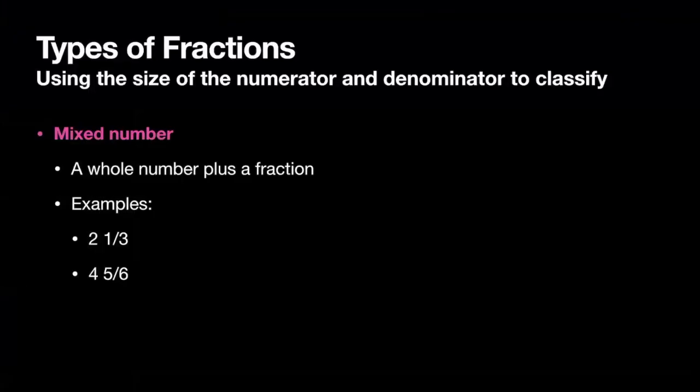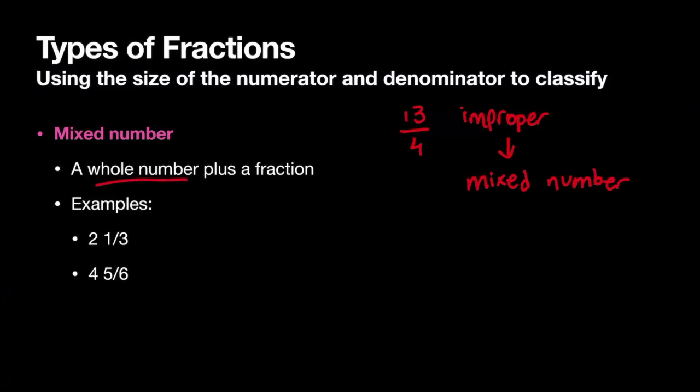To find the whole number portion of the mixed number, we have to see how many times the denominator goes into the numerator as a whole number.